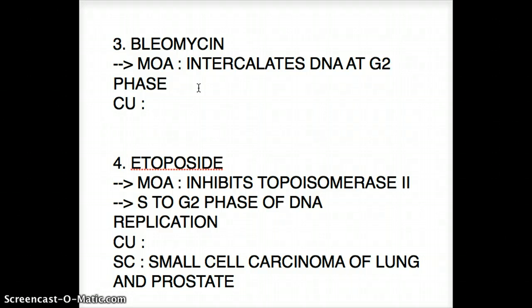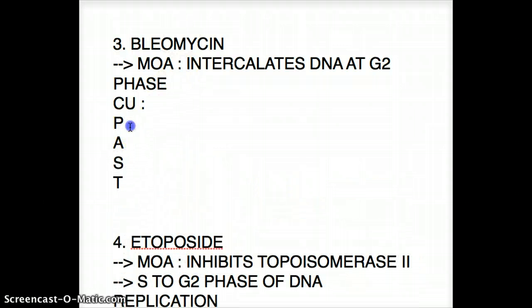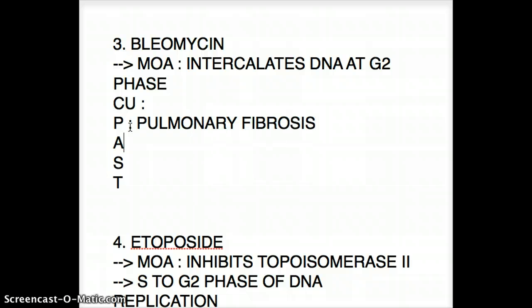The mnemonic that I use is PAST, P-A-S-T, just because it's easier for me to remember. The P is for pulmonary fibrosis. The A stands for ABVD regimen, and this regimen is for Hodgkin's.